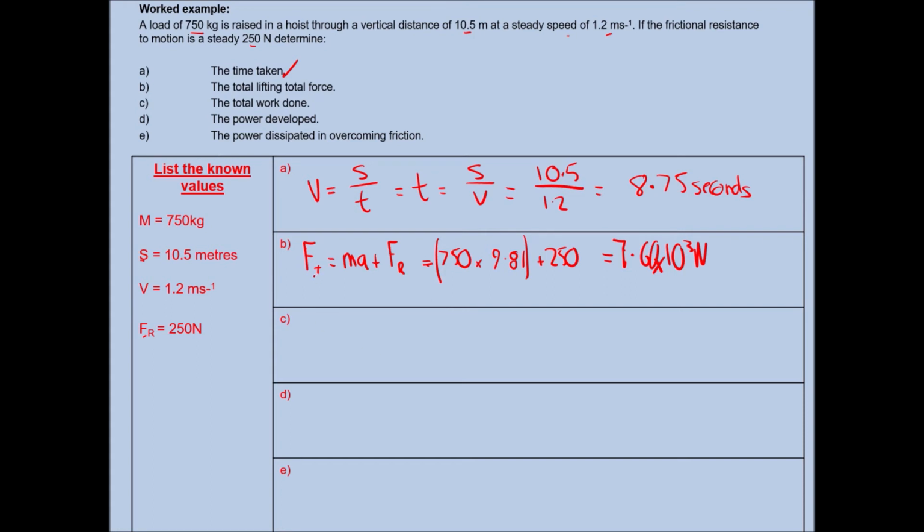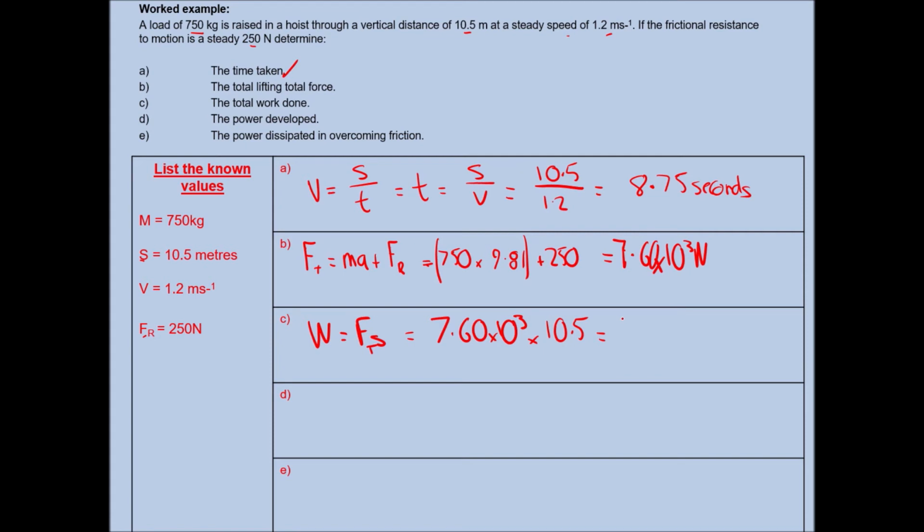Okay, next one, work done. So now we've got our force, we can find our work done calculation. We've got work done equals force times distance, and it's the total force I'm looking for this time, 7.60 times 10 to the 3, times the distance, which is 10.5. Again, pop that in your calculator.